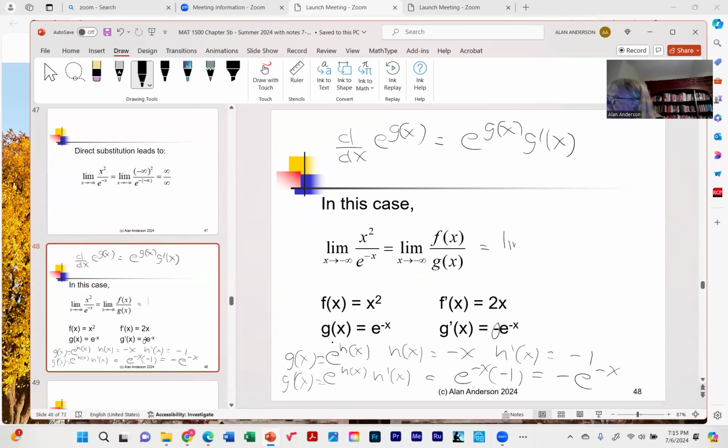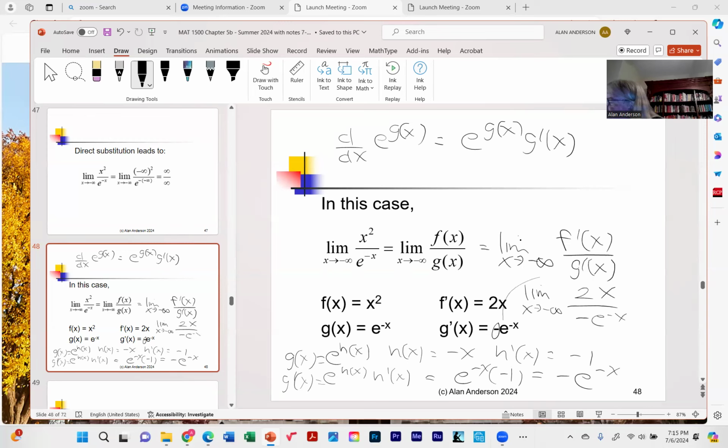So by applying L'Hopital's rule, we'll end up with the limit of 2x over negative e to the minus x.